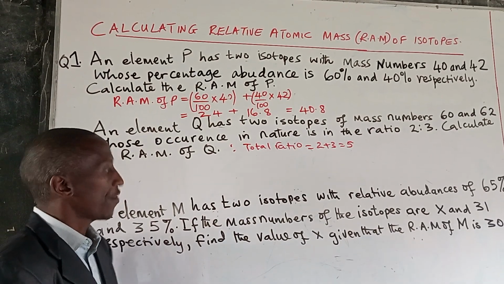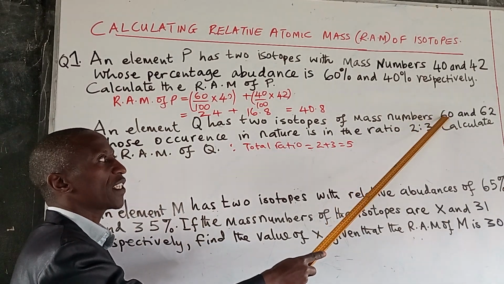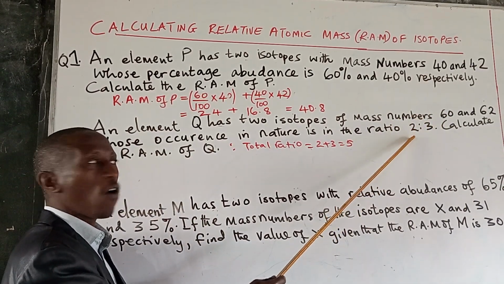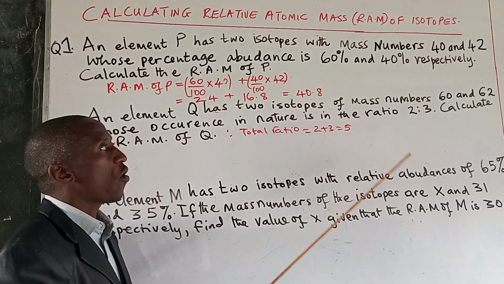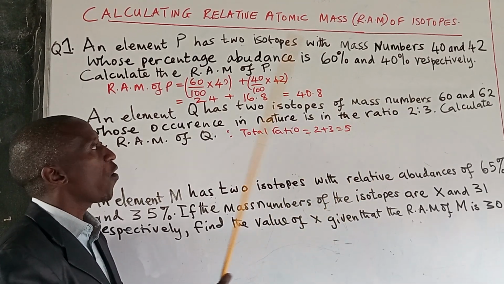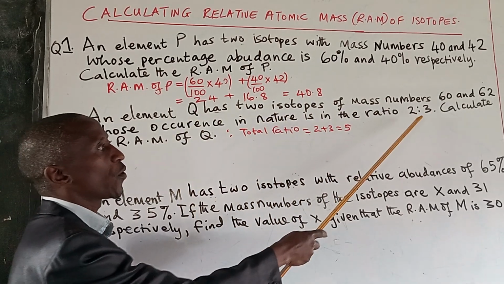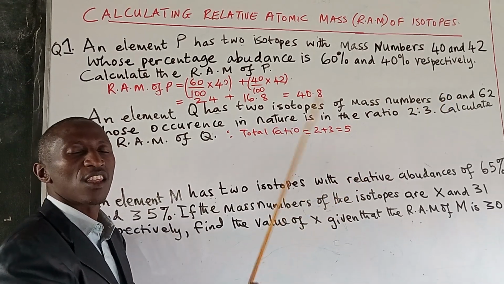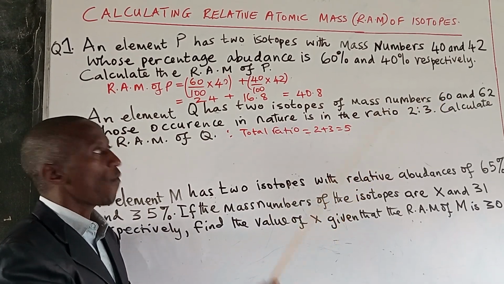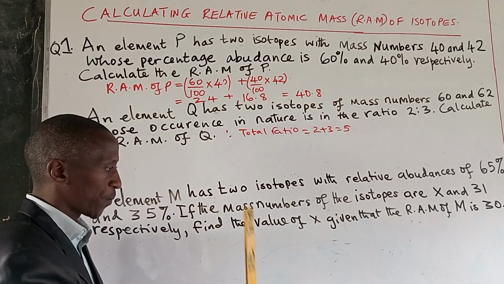It means the first isotope, which has a mass number of 60, occurs 2/5 in nature of all atoms of Q. The other isotope with mass number 62 occurs 3/5 of all the atoms of Q.